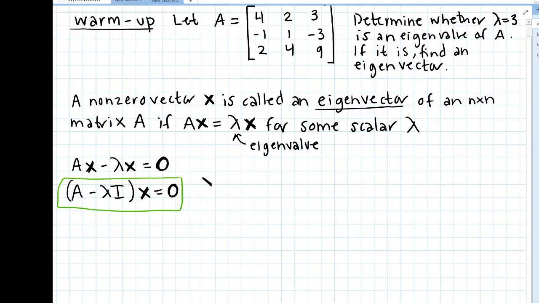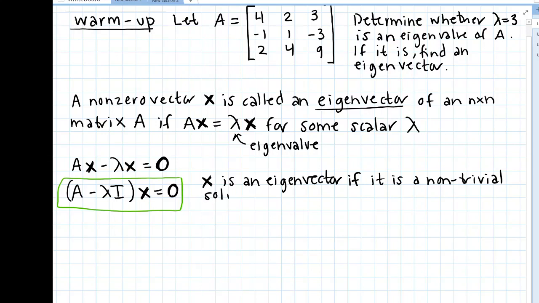One is a vector x is an eigenvector if it is a non-trivial solution, right? Because x is not allowed to be the 0 vector. The 0 vector does not count as an eigenvector. So any other vector that is a non-trivial solution to the thing boxed in green is considered an eigenvector.